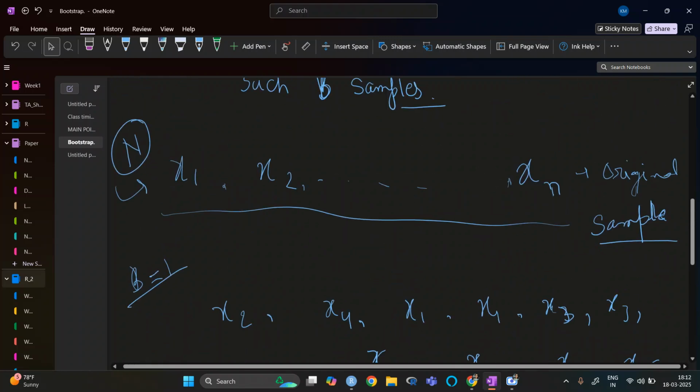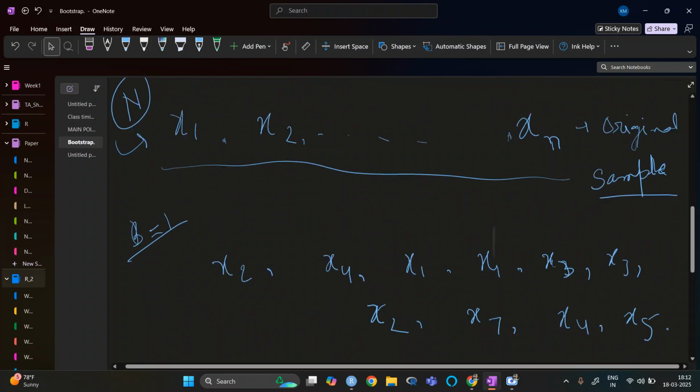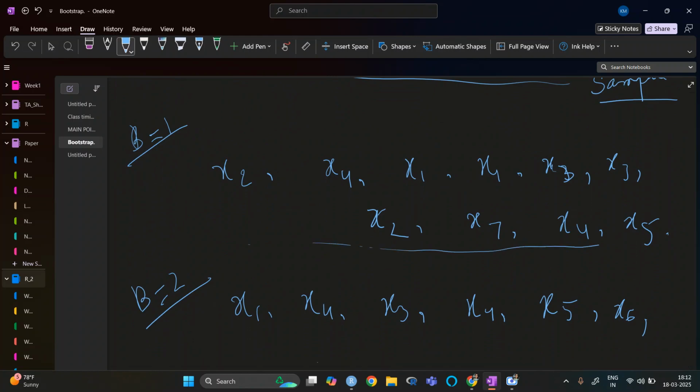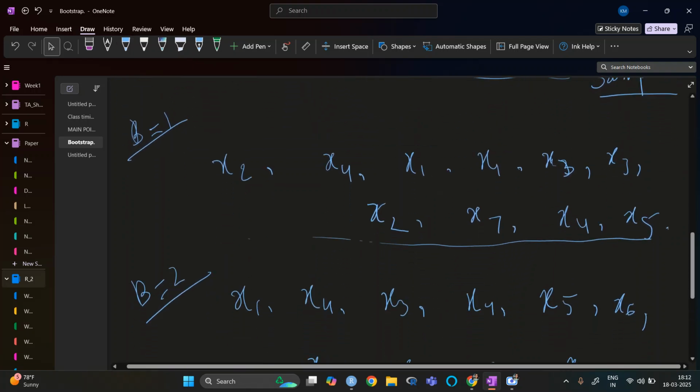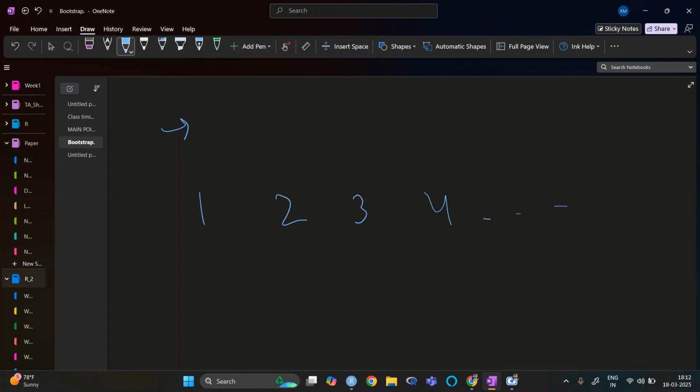So we have one original sample of size small n, and from that, using SRSWR, we find these B equal to 1 samples. It can be like, if I have let's say 1, 2, 3, 4, up to 10 values, let's say this is the original sample.